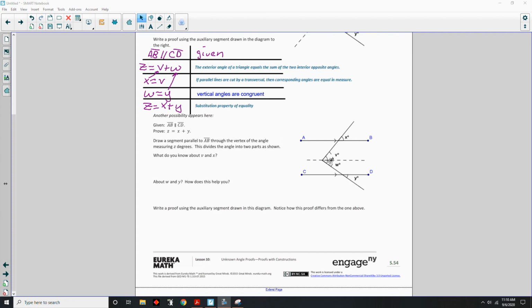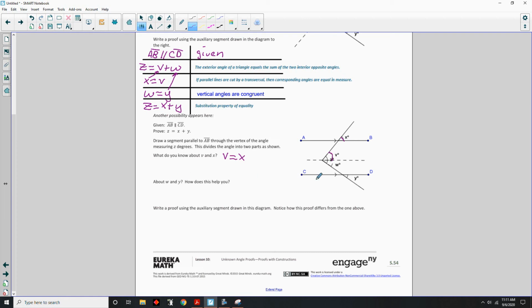So v plus w equals z. So what do we know about v and x? So here's v, here's x, their corresponding angles. So I would say v is equal to x.